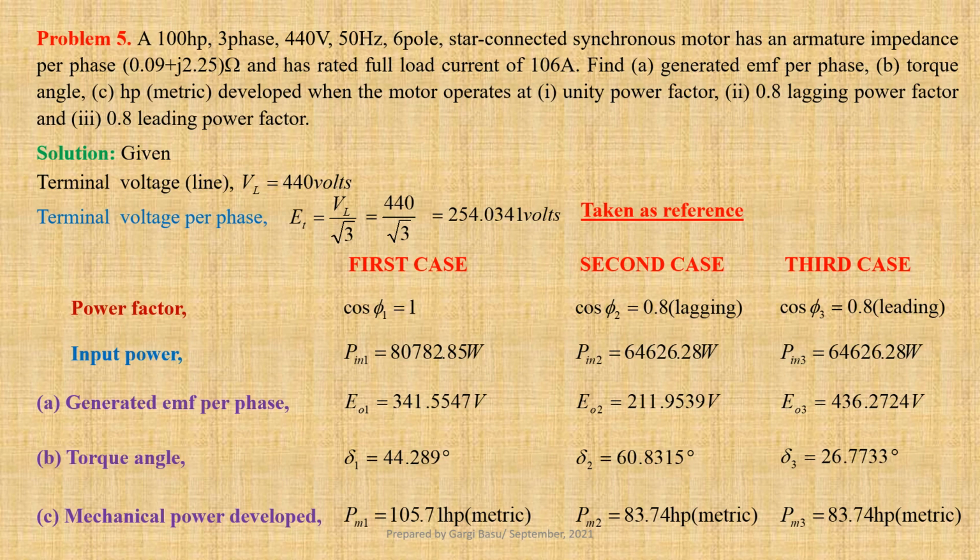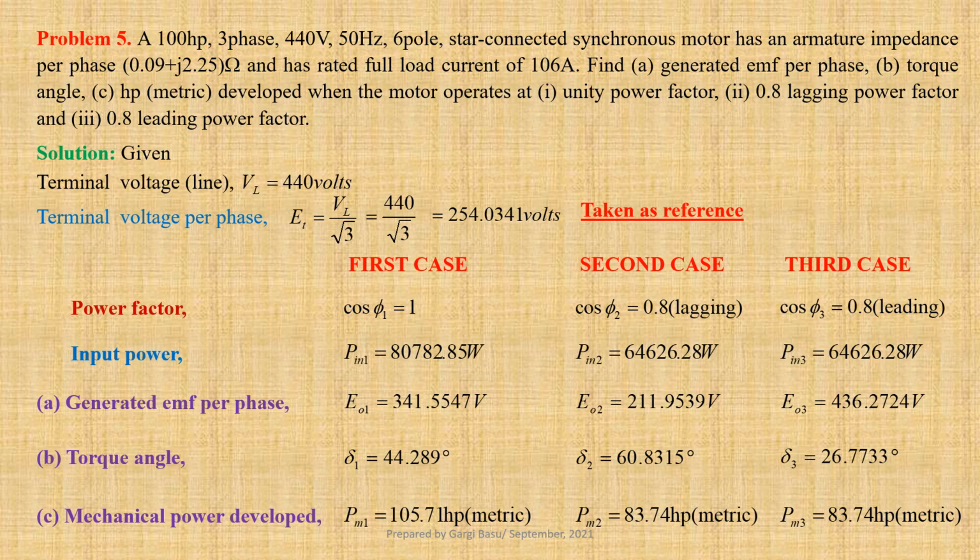Whereas under lagging power factor condition, generated EMF per phase E02 is less than the generated EMF per phase E03 under leading power factor condition. This implies that the magnitude of generated EMF per phase does depend on the nature of power factor.